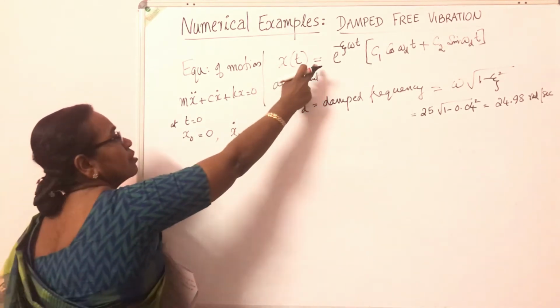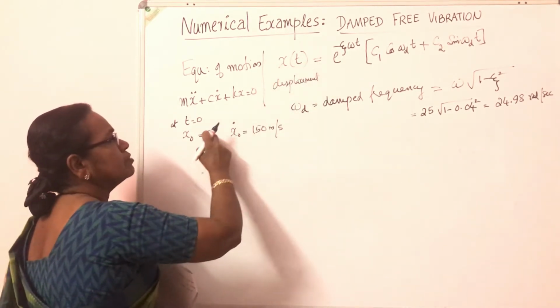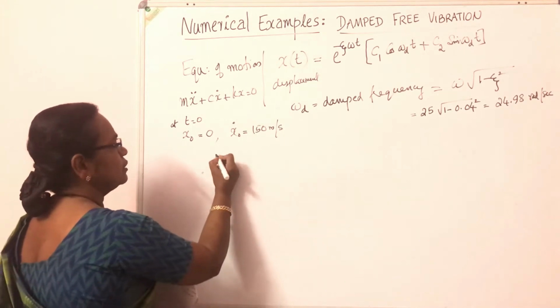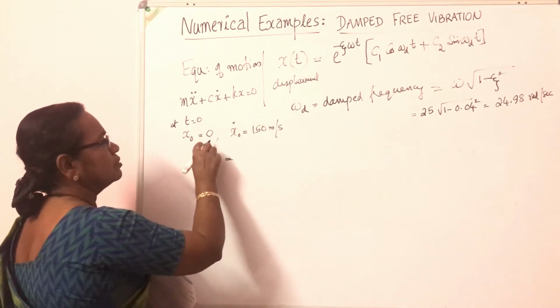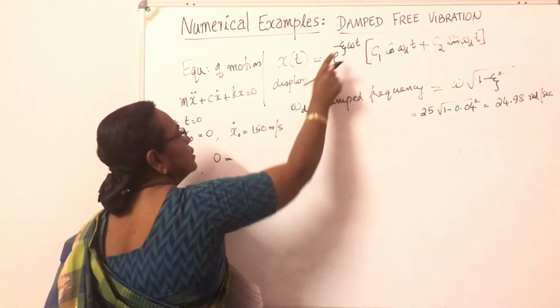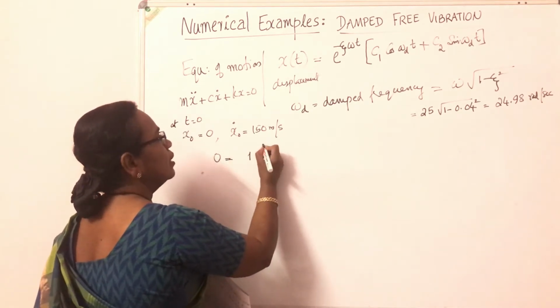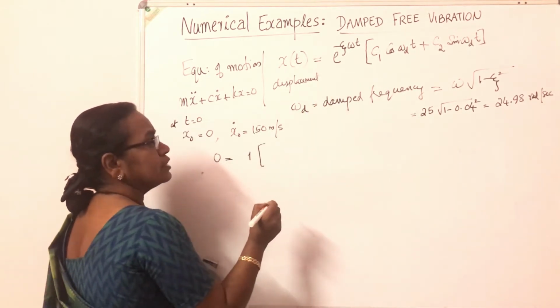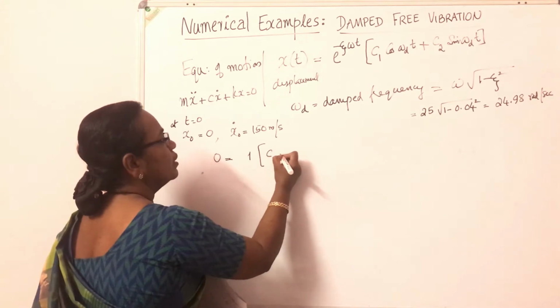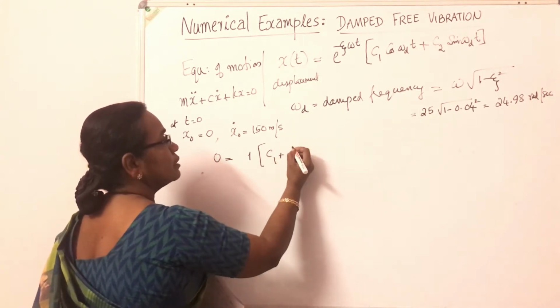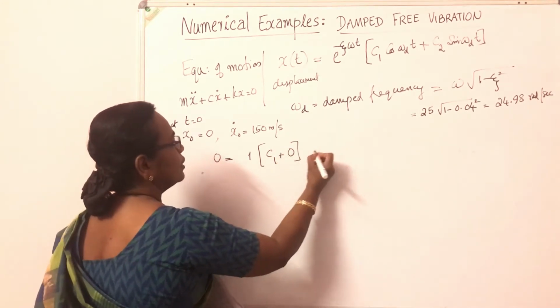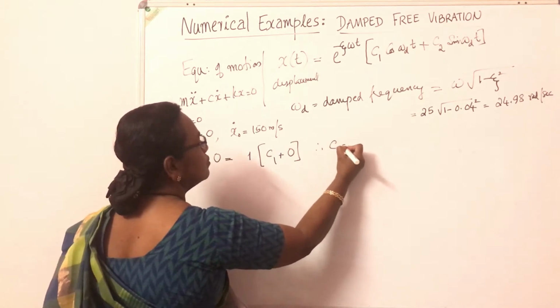So substituting in this equation, at t equal to 0, e raised to 0 will become 1. Cos omega dt, cos 0 is 1, so C1, plus C2 sin omega d, sin 0 is 0. So we will get C1 is equal to 0.